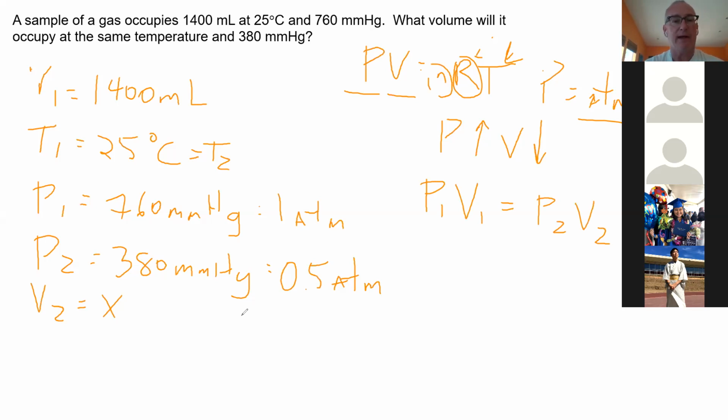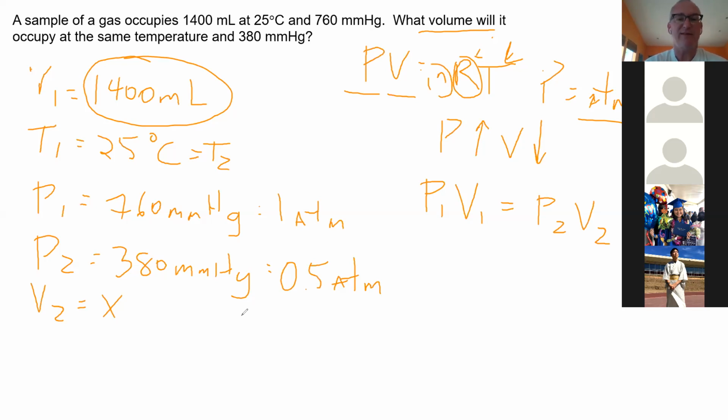One other thing we can do is either change this to liters or leave it the way it is, because the question is what volume will it occupy, and the only thing changing is the pressure.